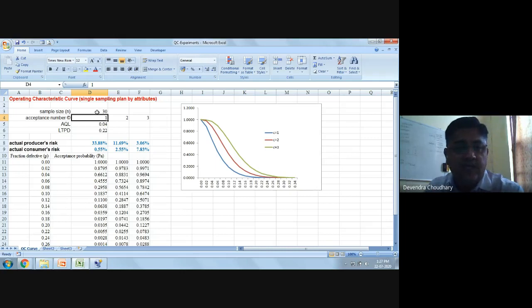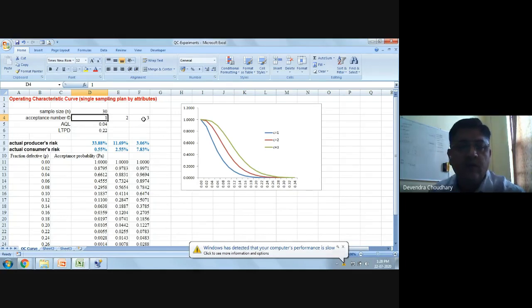So you can say that the producer would like to keep the sample size as low as possible, whereas the consumer would like to keep the sample size as high as possible. You also noted that the consumer prefers a smaller acceptance number, whereas the supplier or producer would like to keep the acceptance number as high as possible.